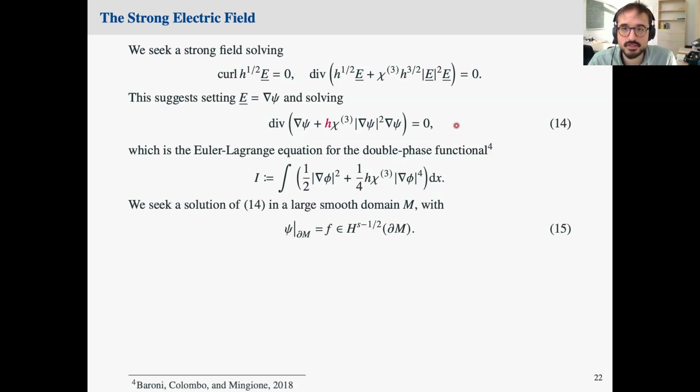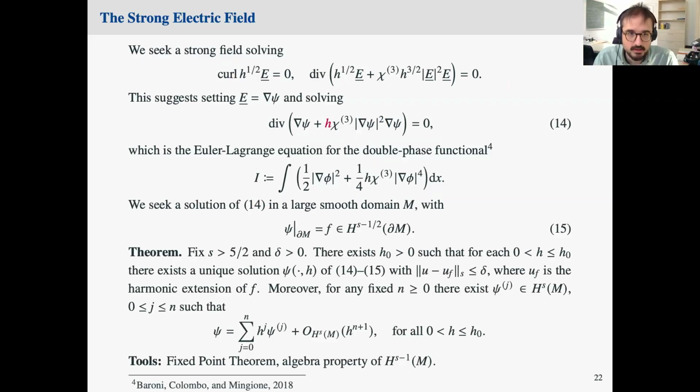So if you're looking for a solution of this equation 14 in, say, some large smooth domain with some boundary conditions, then you can solve it, and you can show that it satisfies an asymptotic expansion in h.